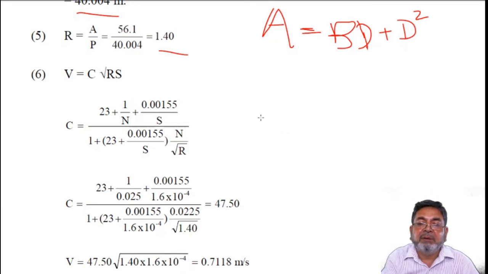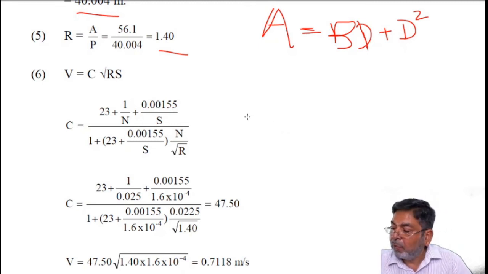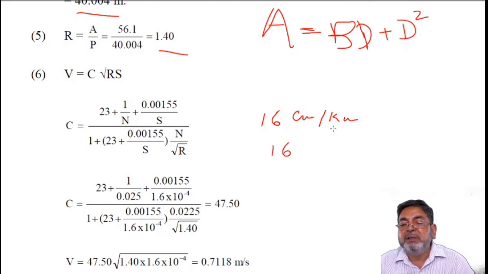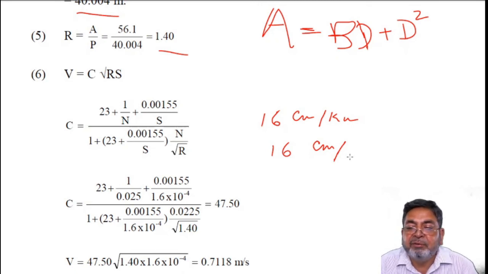If you want to see, I will just show you. 16 centimeter per kilometer. How to convert it? You take 16, and if you convert this kilometer into centimeter, then what will be the figure?